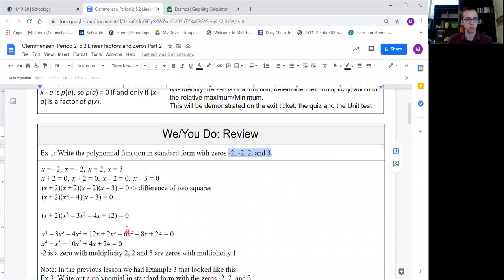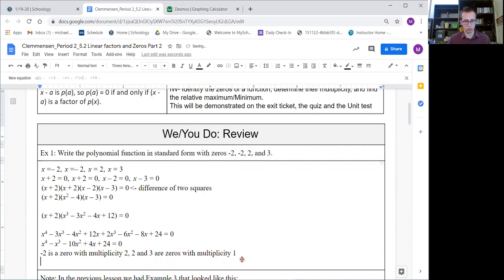A good way to check that with our factored form is that I can rewrite this function right here, this one term, as x plus 2 quantity squared. Got my new equation: x plus 2 quantity squared times x minus 2 times x minus 3.